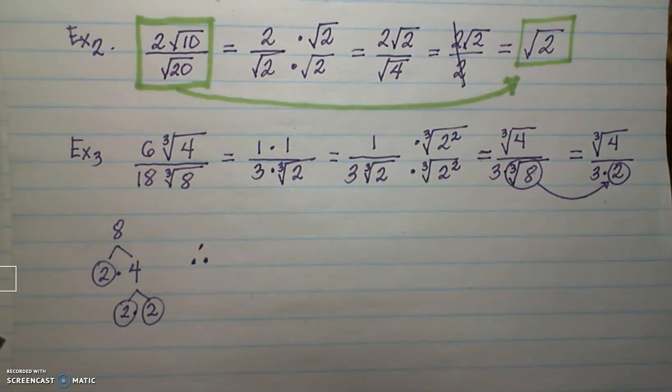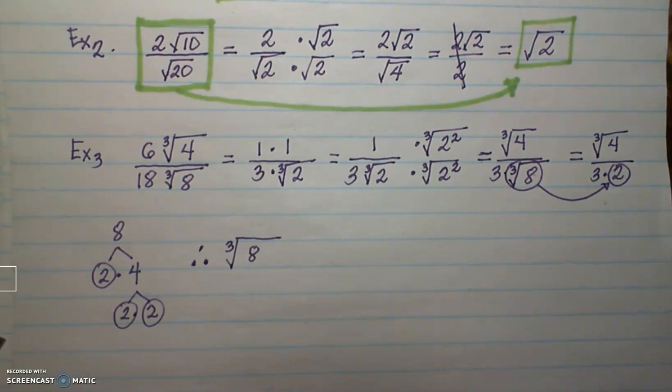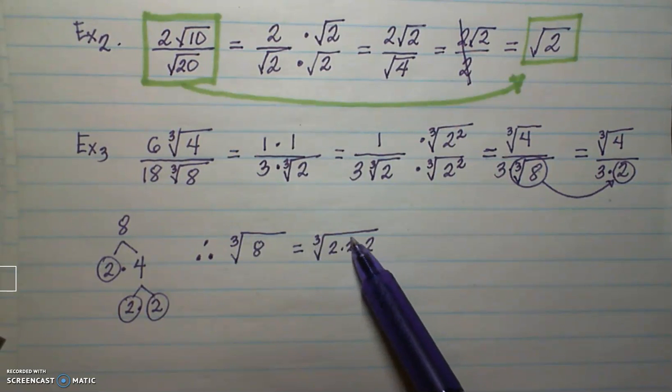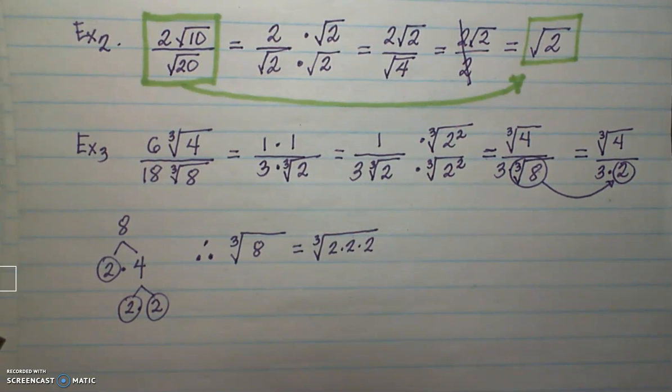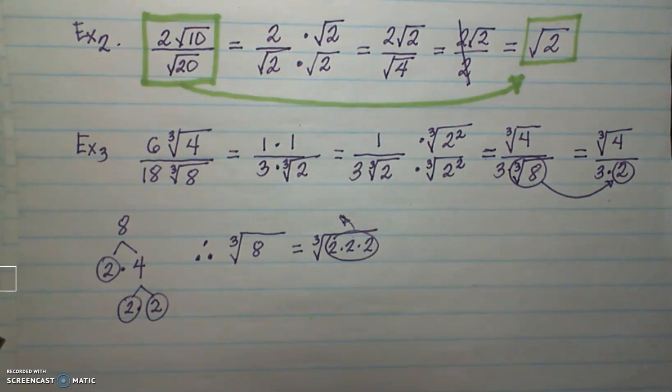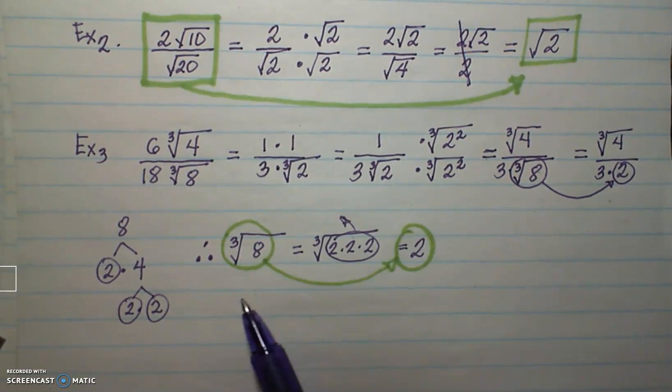Therefore, the cube root of 8 is equal to the cube root of 2 times 2 times 2, which in this case, because the index is a 3, you're looking for 3 sets right there. That is considered a perfect cube and will go out of the radical sign. And that explains why the cube root of 8 is a 2 right here.